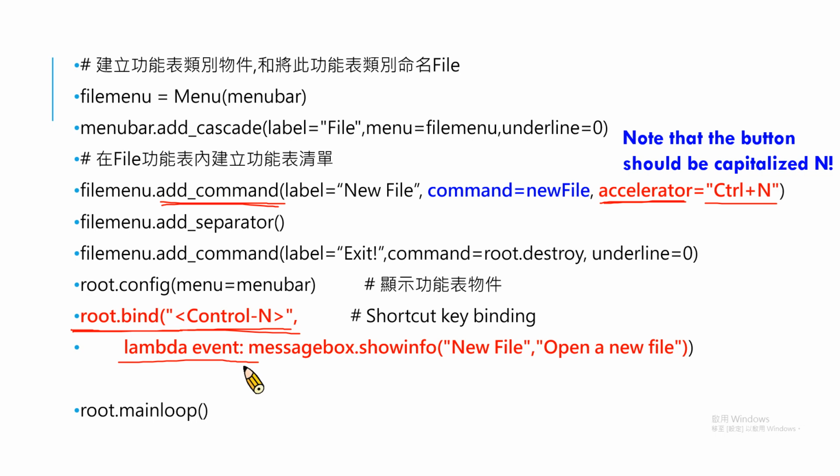And because the event handler function needs the event parameter as input, here we use a lambda function. So you see here we use a lambda function with the event object as the input to the lambda function, and we just pop out a message box showing the information here.